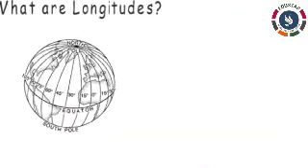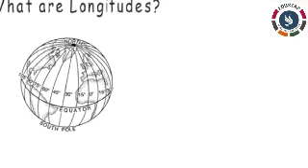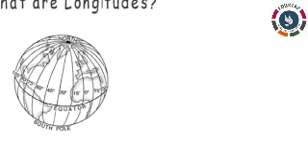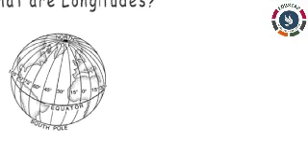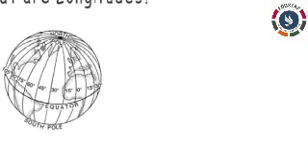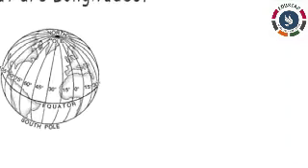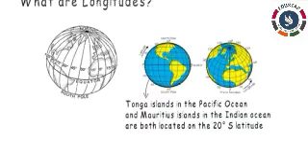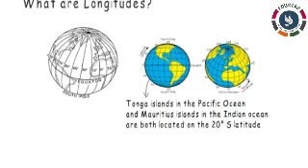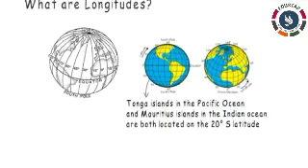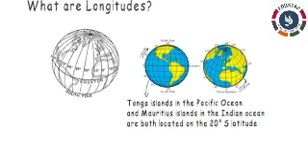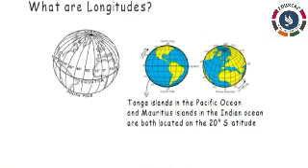The next one, what are longitudes? To fix the position of a place, it is necessary to know something more than the latitude of that place. You can see, for example, that Tonga Islands in the Pacific Ocean and Mauritius Islands in the Indian Ocean are situated on the same latitude, that is 20 degree south.